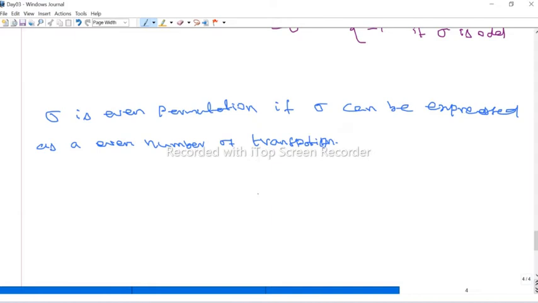That means what? If you take 1, 2, so this is sigma. Sigma can be written as just 1, 2. How many transpositions do we have? We have only one, namely 1, 2. Therefore, this is an odd permutation.